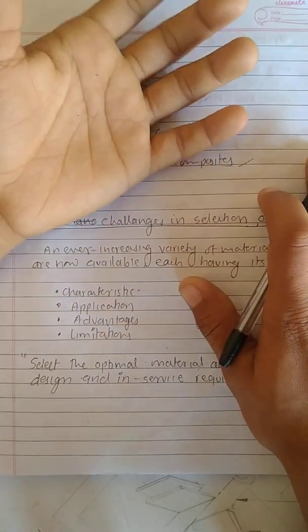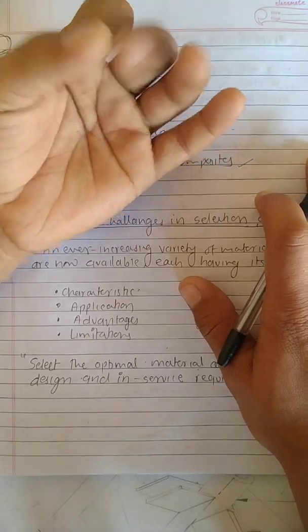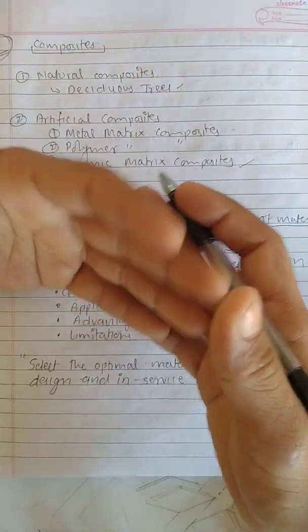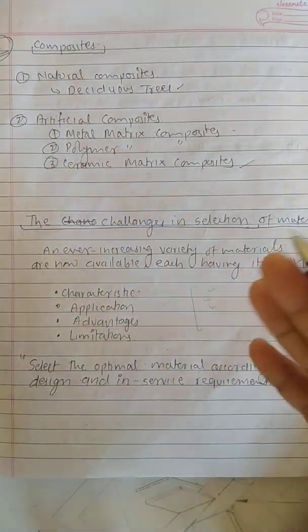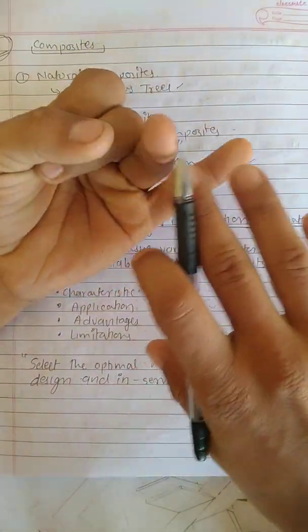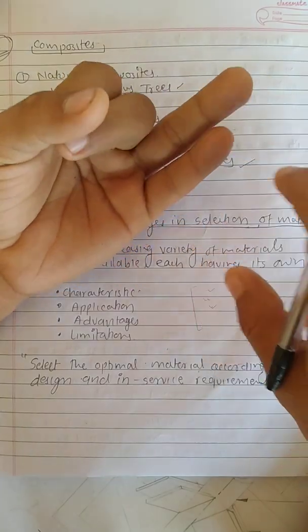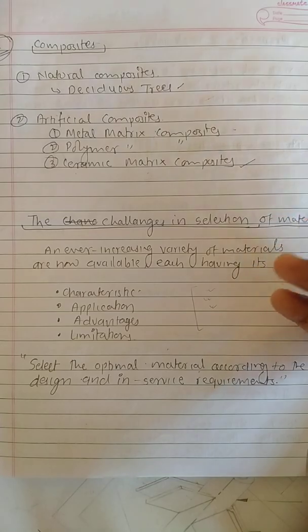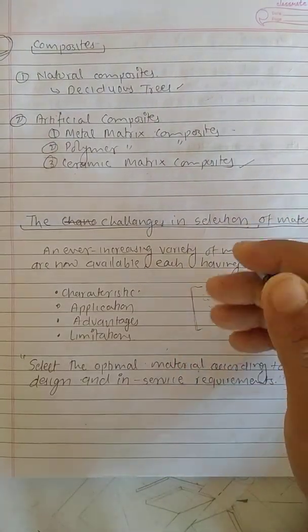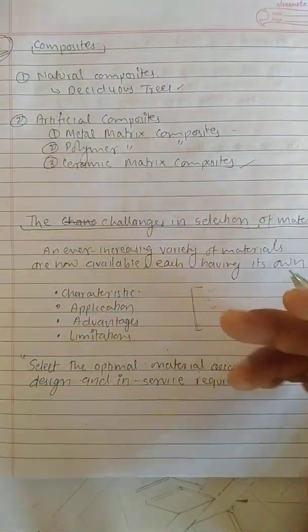How will it be low cost? It will be low cost when it is easily available in our locality and has a low demand. Then it will become a low cost material with very high the properties that we wanted.